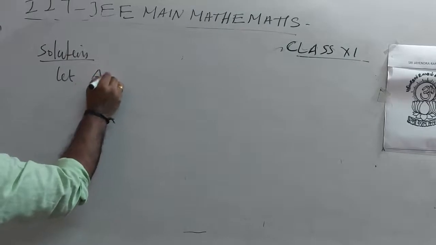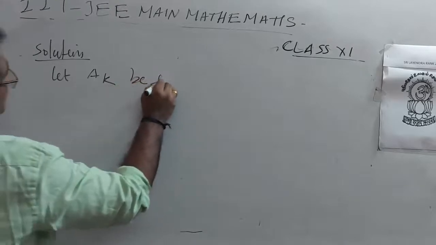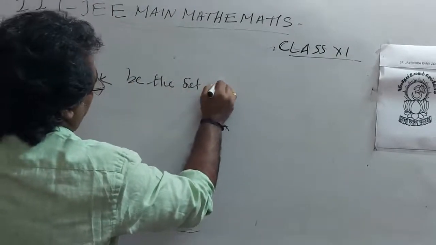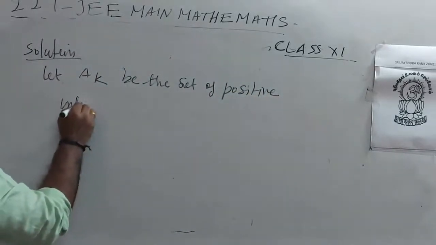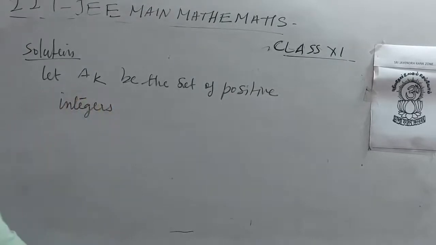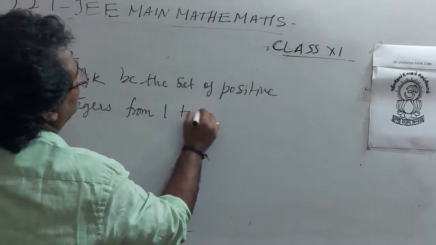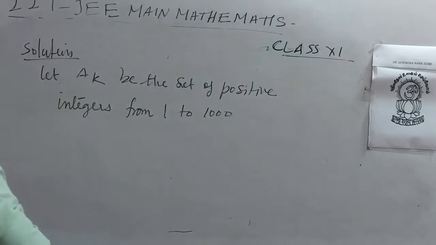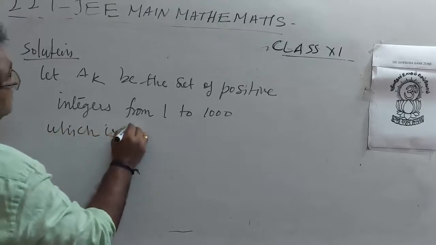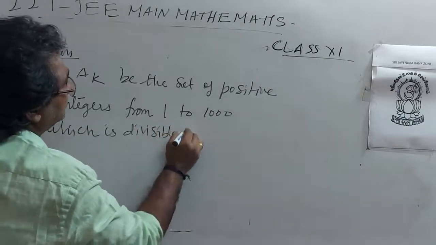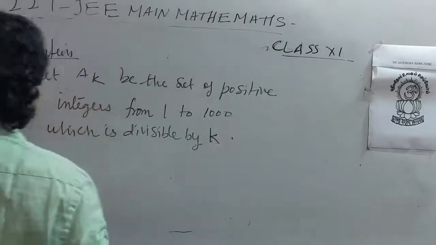Let Ak be the set of positive integers from 1 to 1000 which are divisible by k.